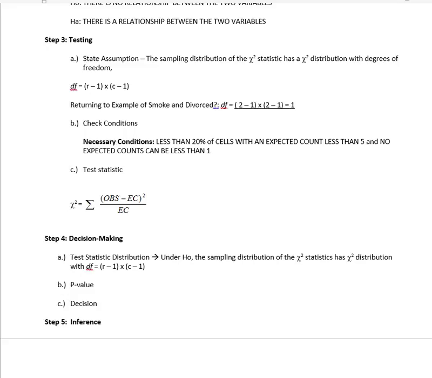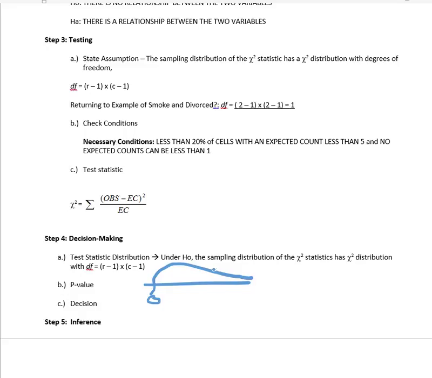So because of that, you actually don't have the same look to your distribution as you did when you were looking at the normal distribution or the t-distribution. So we actually have a curve that isn't centered at 0, but it will actually start at 0. So it starts at 0, and then because of that, it has an odd right skew to it. So it'll kind of end up looking like that.